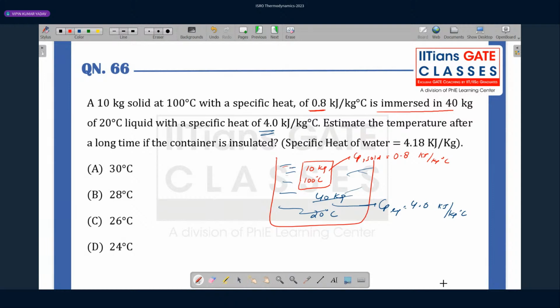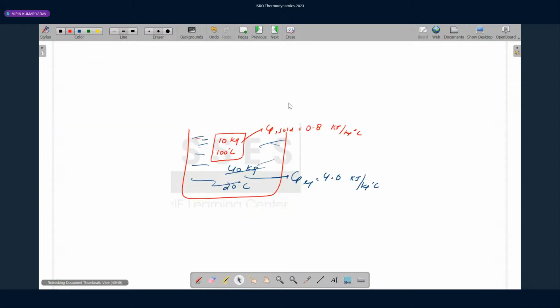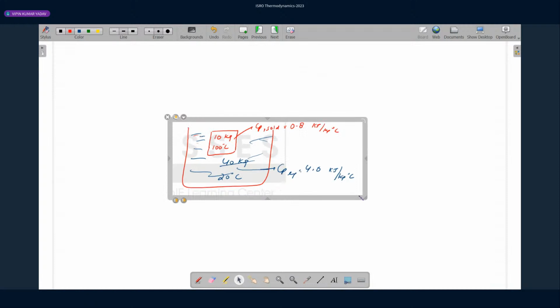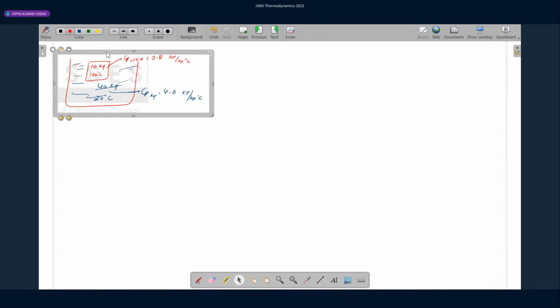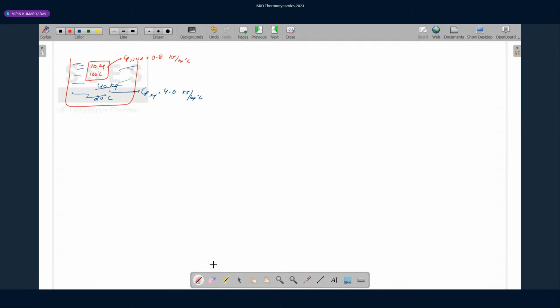Now what is happening here? Let me take it to the other page. You see, this solid is at a higher temperature: 100 degrees Celsius, and water is at 20 degrees Celsius. Two bodies are coming in contact with a temperature difference, so heat transfer will happen.